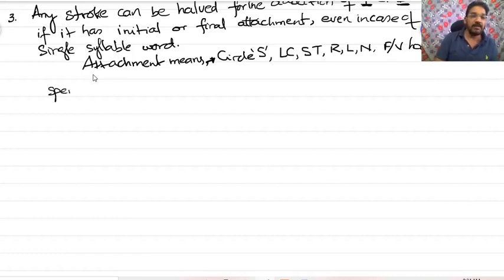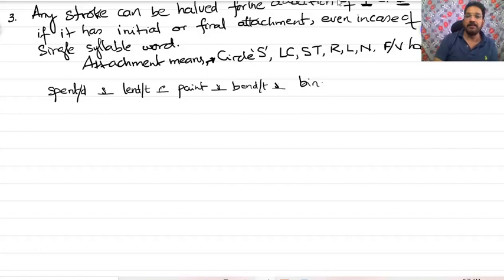Spend, spent or spend, same, based on the sentence. Circle S, P halved, N hook. Lend or lent, L halved, N hook. Paint, P halved, N hook. Bend, bind, B halved, N hook, I diphthong.